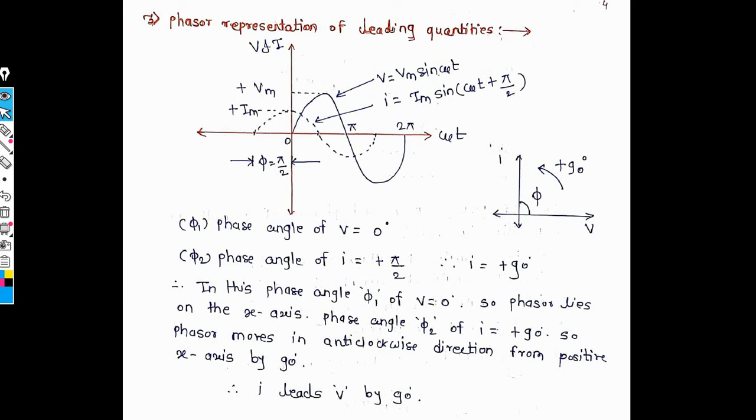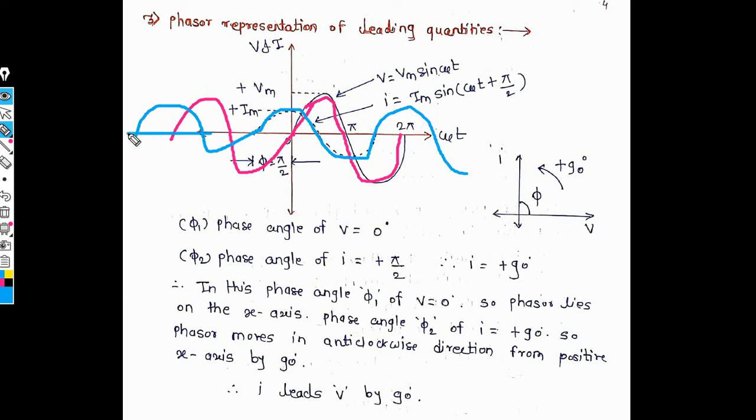Now there are two waveforms. The first waveform is the current waveform. This current waveform will start from here, and it is present in the negative side here. Why are we taking a positive sign?